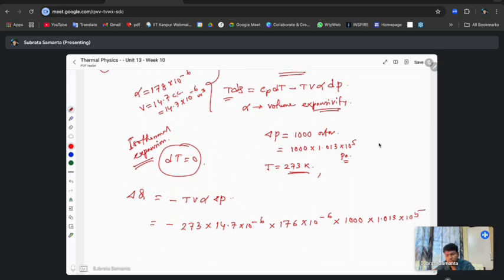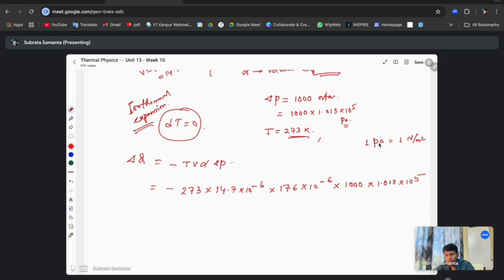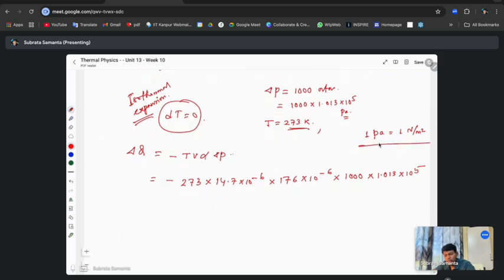Pascal is basically 1 Newton per meter square, so the ultimate unit is joule.